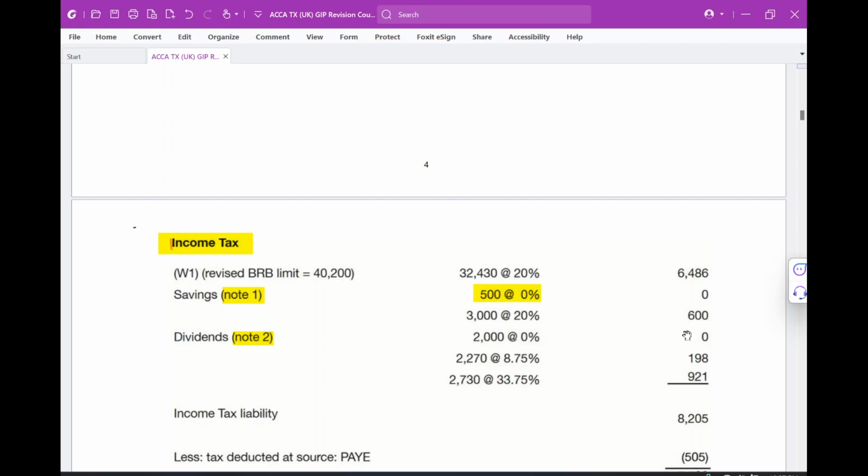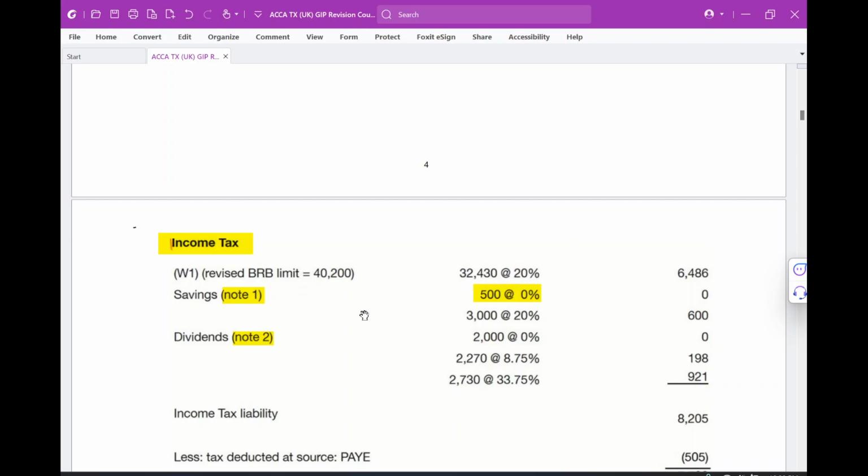So what do we do? Well, let's remember about this basic rate band. If we calculate as we go, we'll see that we're getting towards the full value, and the full value would in effect be taken up because the balance up to this point, up to line 4, is really 2,270. And this 8.75, as we'll see from our tax tables, is basically the basic rate percentage where dividends fall into the basic rate band.